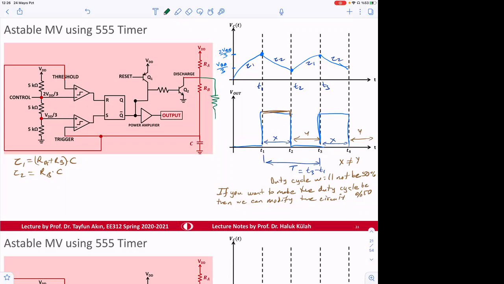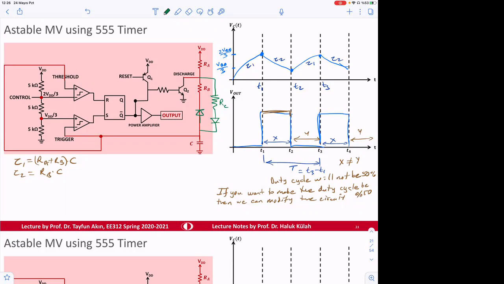The charging will be through here, RC, with a diode.